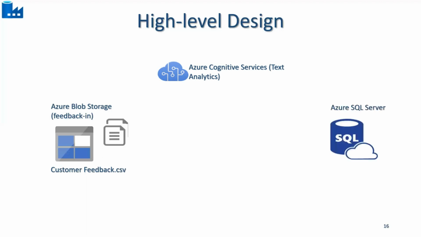Then we have Azure SQL Server. You need to create an Azure SQL Server and database to store the final outputs as a sink data source. And we have Azure Key Vault to store secrets, in our case, for example, the access key for the blob storage and the connection string for the SQL database, all stored in a central place.